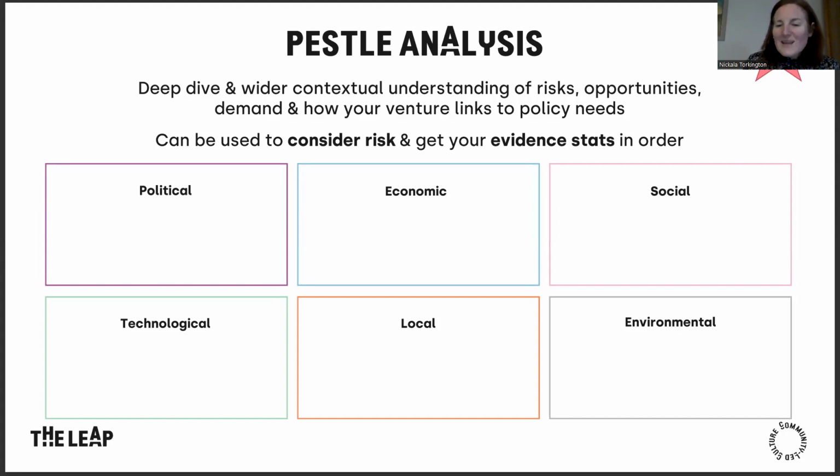It's looking at what the economic benefits to this are, and that might be anything from building skills in people to leveraging investment into an area to create a new venue, or to bring a new festival to an area that would boost the local area. What is the social context, in terms of what society thinks about this sort of thing? Are there reports out there that back up a need for what it is you're trying to do?